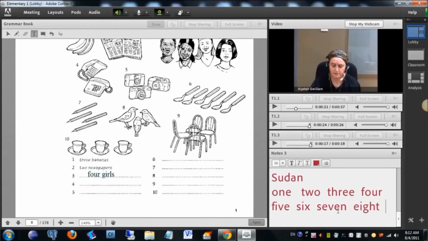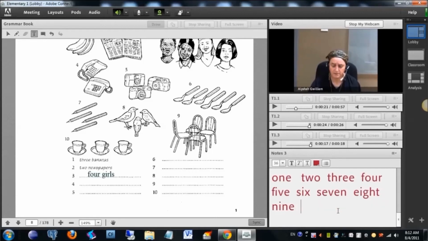Okay, here's the correct spelling for you. So I want you to write the answers with the correct spelling and make sure you have an S on the end. Off you go.